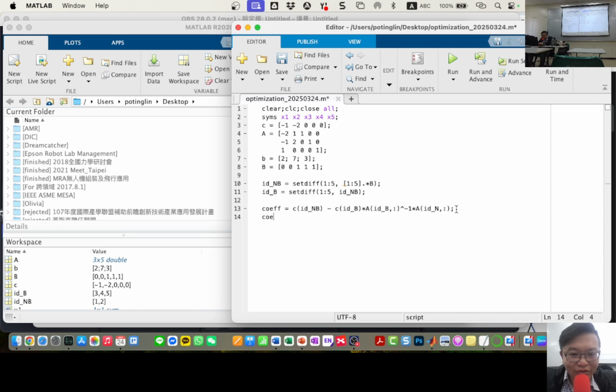So coefficient smaller than 0, or just multiply, or just use a for loop. That's easier.